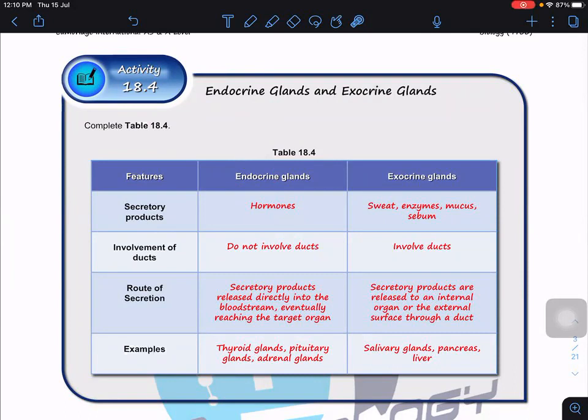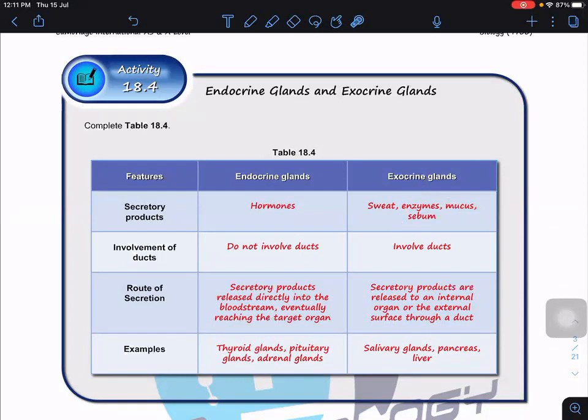Exocrine products are quite broad: sweat, digestive enzymes, mucus in the trachea, and sebum on your skin.